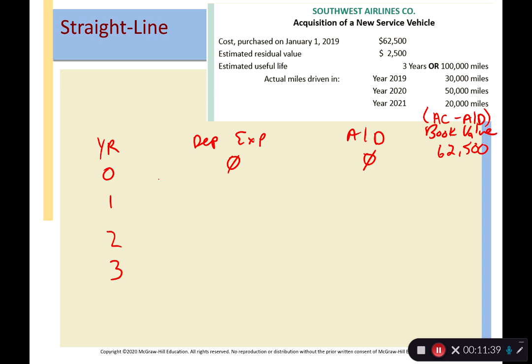Then to get depreciation expense, we're going to use our straight line formula, which is the asset cost minus the residual value over the estimated useful life in years, and that's going to get us $20,000. Once I have that number, the beauty of straight line is it's going to be the same each year.